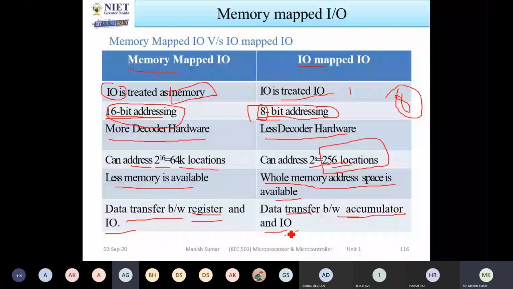In the case of IN, you are reading the data and storing it in the accumulator. In the case of OUT, whatever is available in the accumulator, you send to the output devices. So in this way, you are able to differentiate the two. What is the difference between these two?